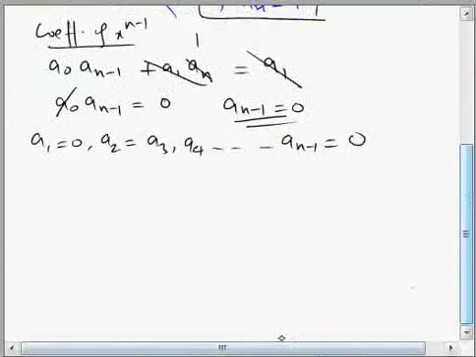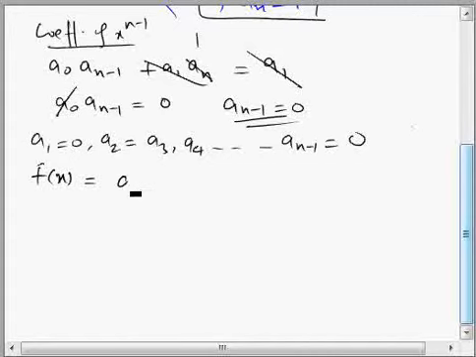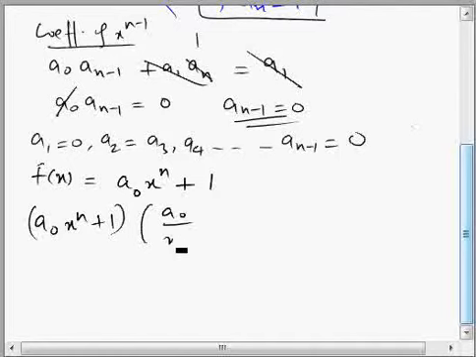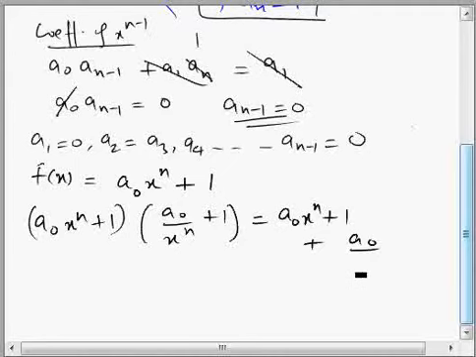So this polynomial f(x) takes this shape, a0 x to the power n plus 1. Let me rewrite the given property: f(x) multiplied with f(1/x) equals f(x) plus f(1/x). Now I need to find a0.